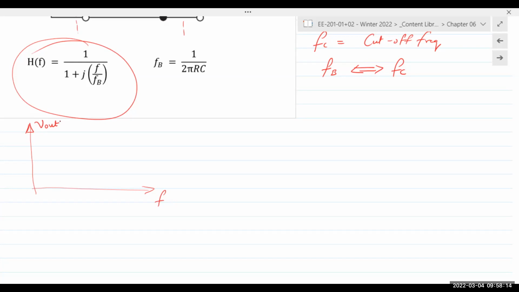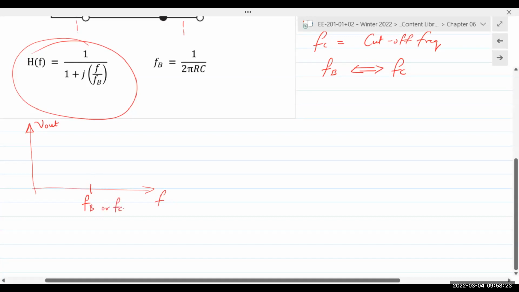So the transition point is FB or FC. Depending on the value of R and C, we have a transition point between the passing of the frequencies and blocking of the frequency signals.